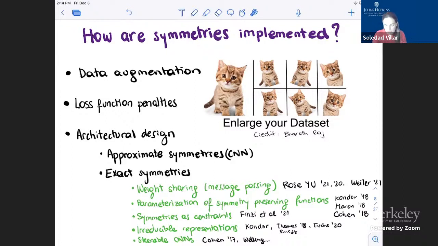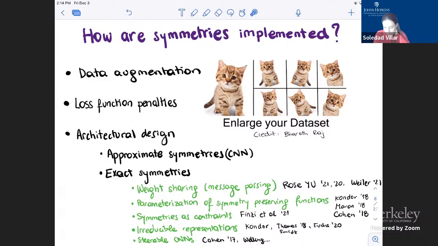But what I'm going to discuss today is this architectural design approach, and a lot of it was already discussed by Max Welling, and he has a lot of work in this area of implementing it with weight sharing or group equivariant convolutional networks, so like these steerable CNNs. And then I'm going to explain other approaches that weren't explained in detail in the previous talk, I believe. So hopefully it will complement what was already said.